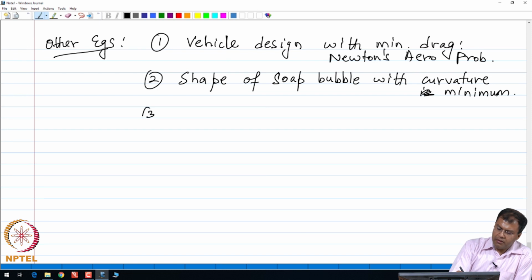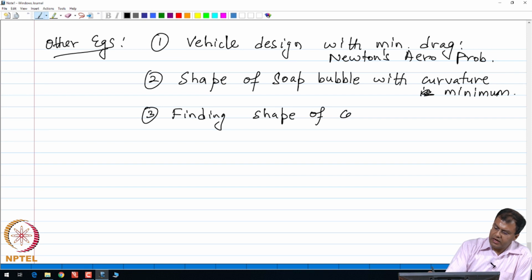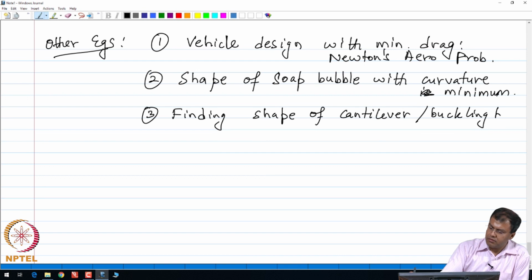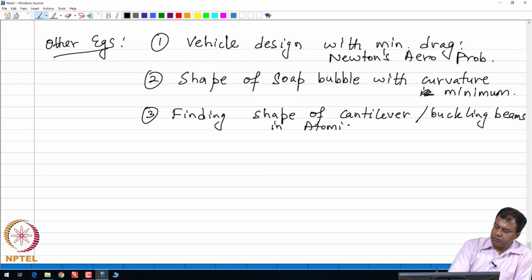Then another problem that we are going to talk in detail is finding the shape of cantilevers or bending beam problems, cantilevers or buckling beams, buckling beams in atomic force microscopy, right.